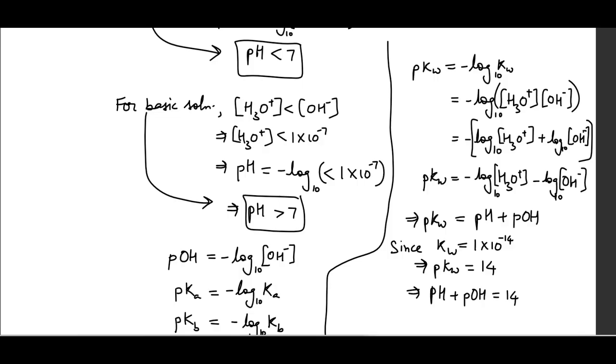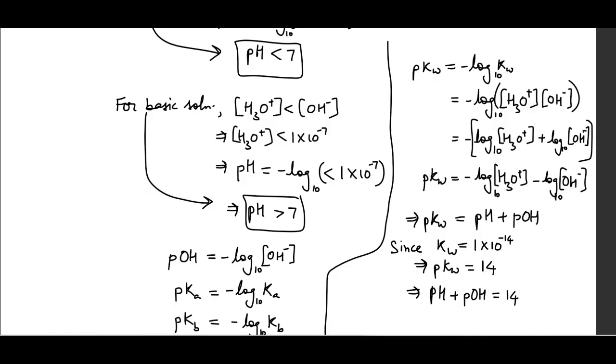For a neutral solution, pH is 7, pOH will be 7 definitely. For an acidic solution, pH is less than 7, therefore pOH should be greater than 7. For a basic solution, pH is greater than 7, so pOH is less than 7.